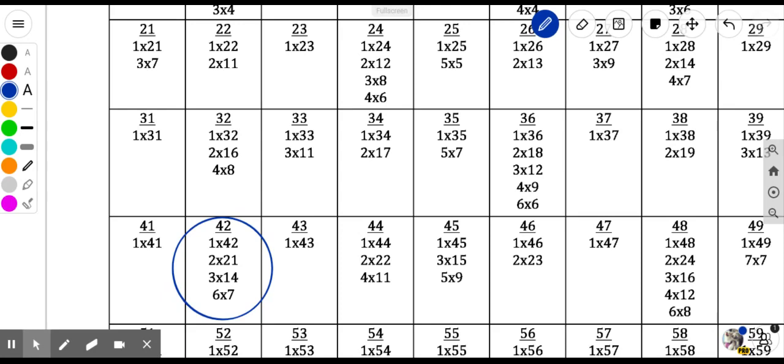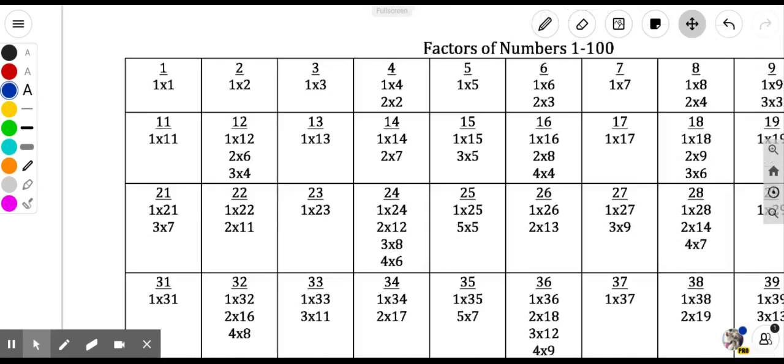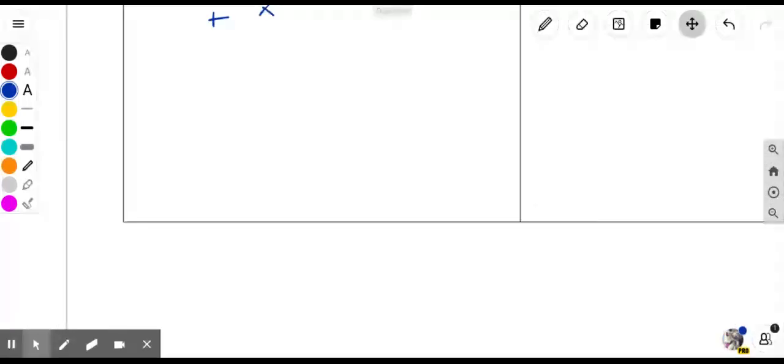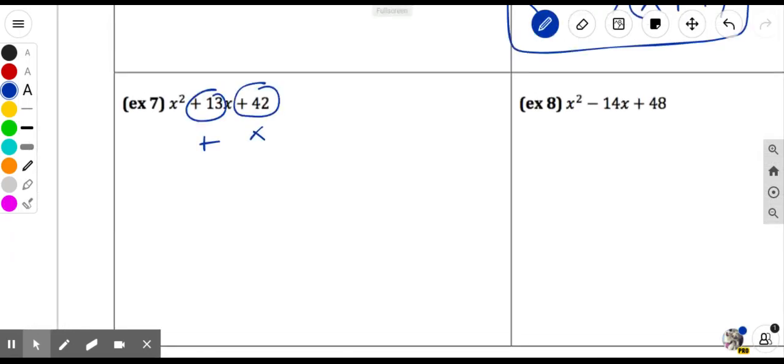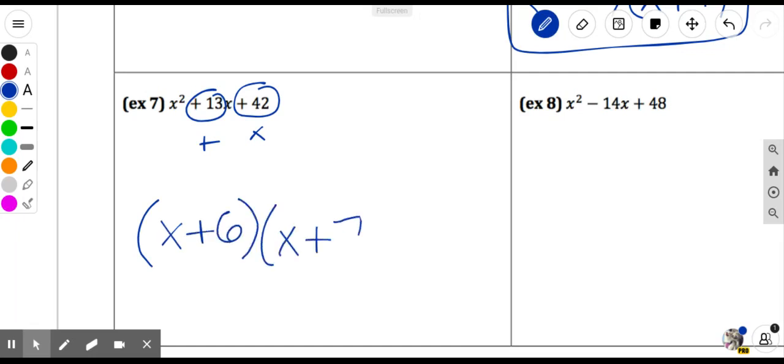It's going to be 6 and 7 because 6 times 7 is 42 and 6 plus 7 is 13. So you're going to have x plus 6, x plus 7. And now when they're all positive like this, you don't really have to worry about their signs because everything will be positive.